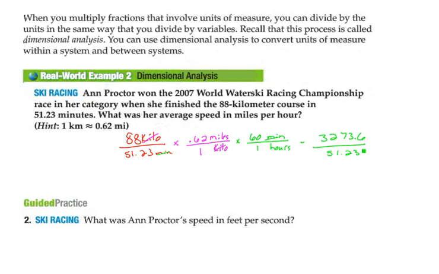Okay. And we get a grand total of 63.9 miles per hour. So just dimensional analysis, trying to cross-cancel basically our units of measure in order to convert it to the same speed, just in a different unit of measure. All right, go ahead and try that with guided practice 2.